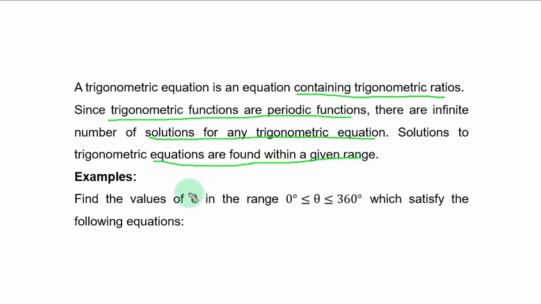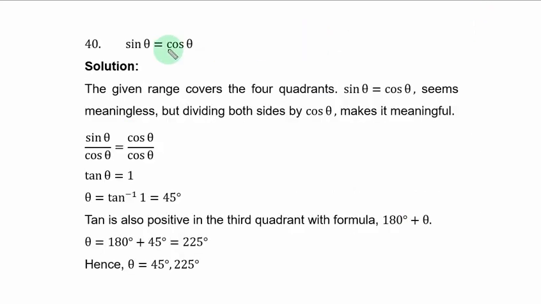Examples: find the values of theta in the range 0 degrees less than or equal to theta less than or equal to 360 degrees, which satisfy the following equations. Example 40.